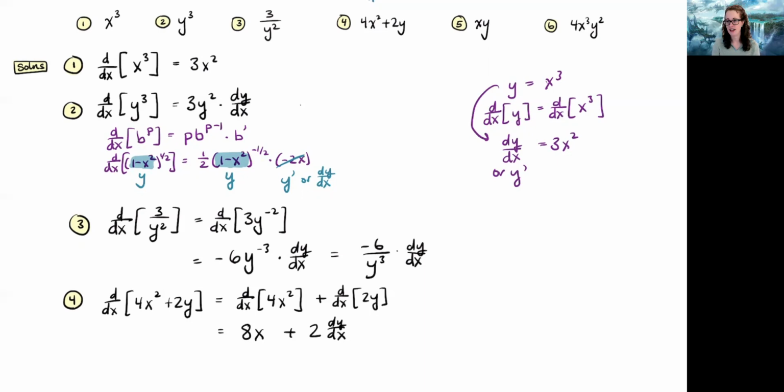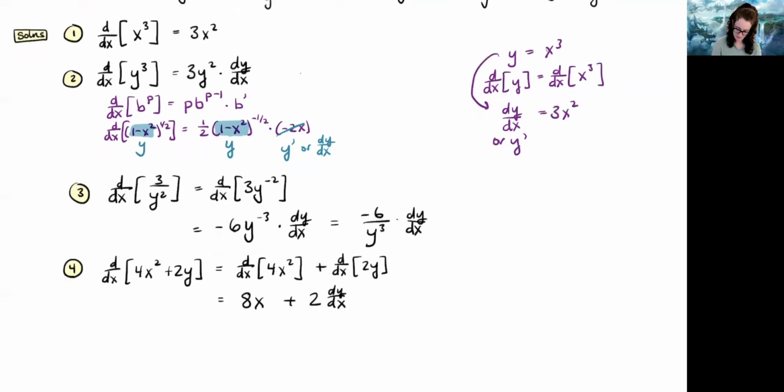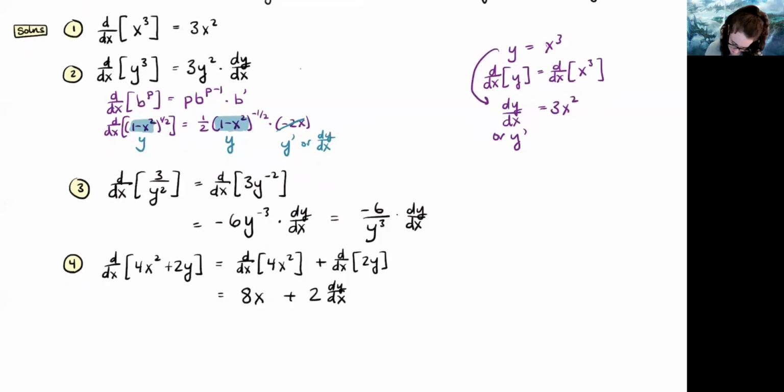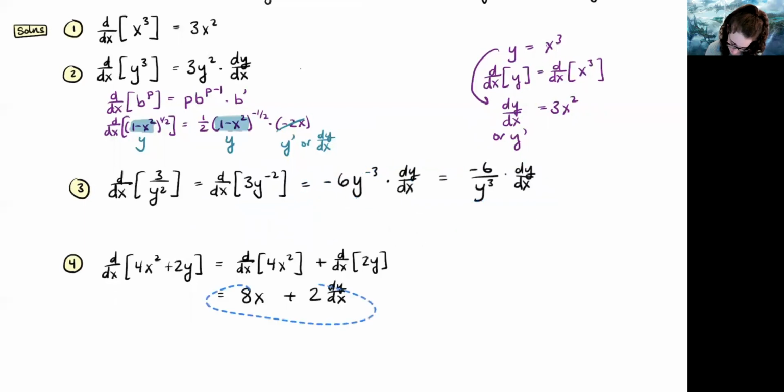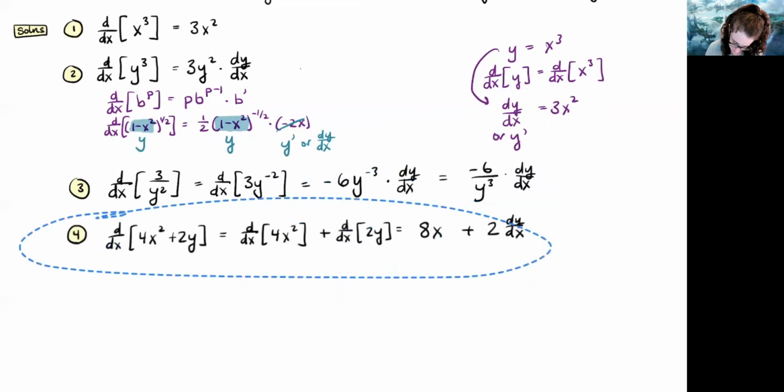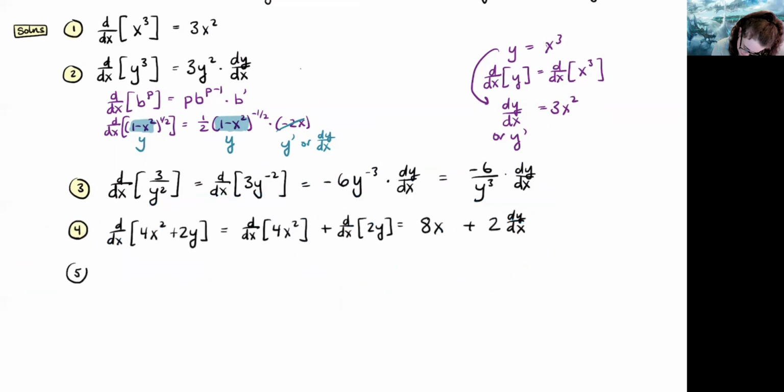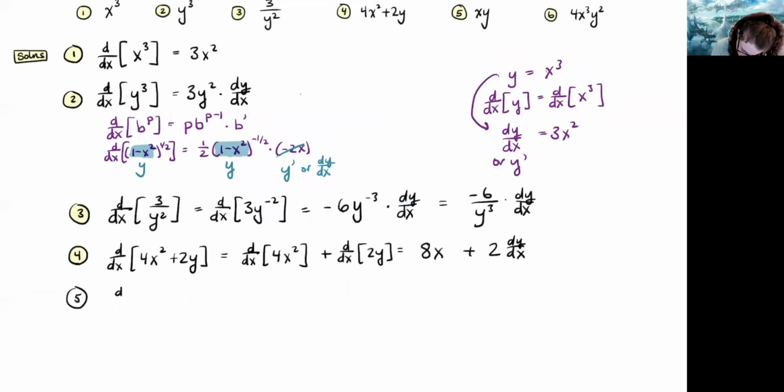All right, we got 2 more here. We've got xy and then 4x cubed times y squared. Okay, let's just move this up here really quick so I can still see our questions. So we've got in number 5, the derivative of x times y. All right, this one is different than 1 through 4 in that we have a product here.